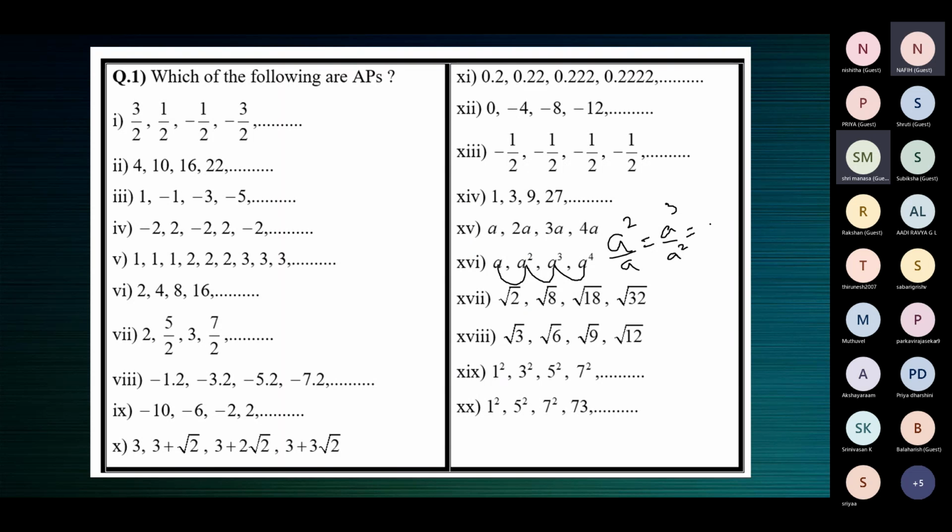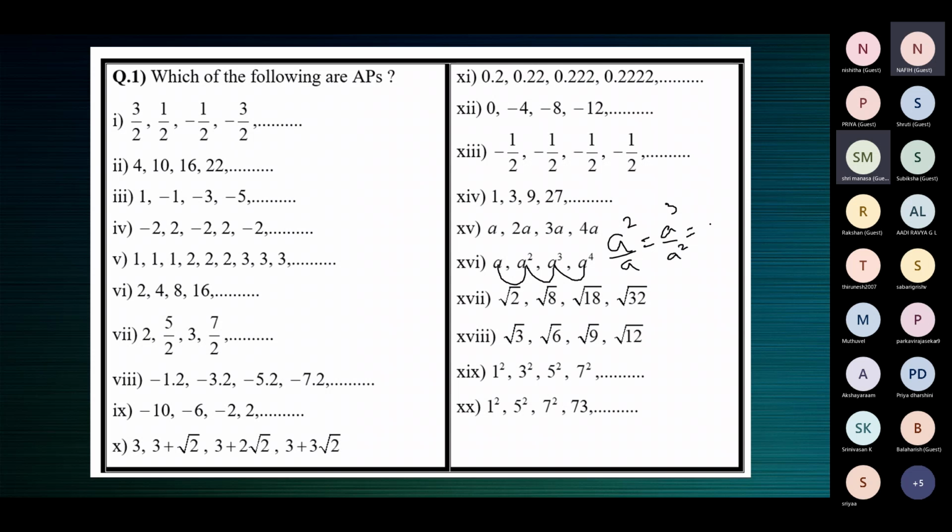The ratio of any term to its preceding term is a constant, not the difference. If the ratio of any term to its preceding term is a constant, that is called a common ratio. Like we say common difference, it's a common ratio. In the existence of a common ratio, the sequence is said to form a geometric progression.